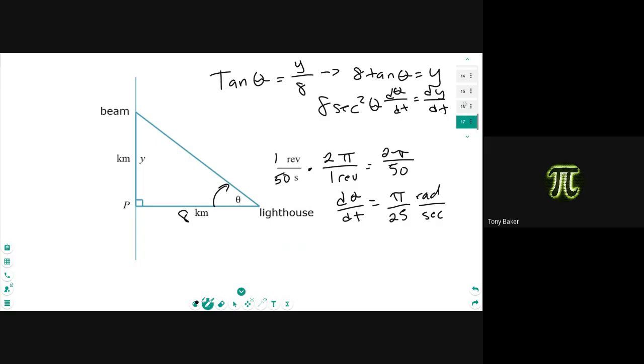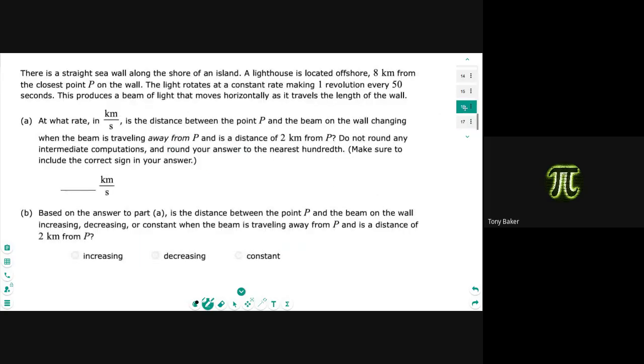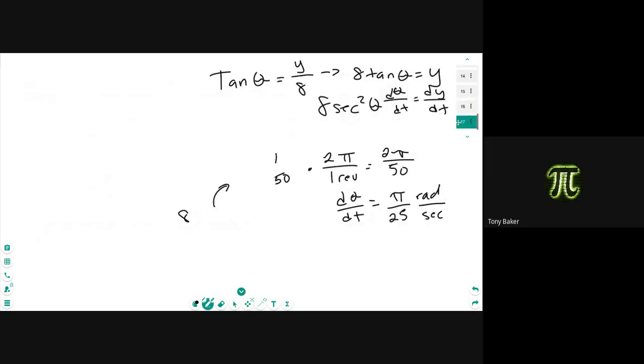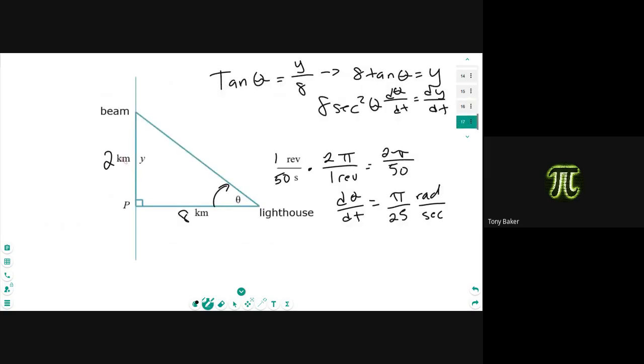All right, now this question tells me it's 2 kilometers, so this is going to be 2. We can use the Pythagorean theorem to figure out my hypotenuse, because secant theta is hypotenuse over adjacent. So I've got the square root of 2 squared plus 8 squared, which is the square root of 68.